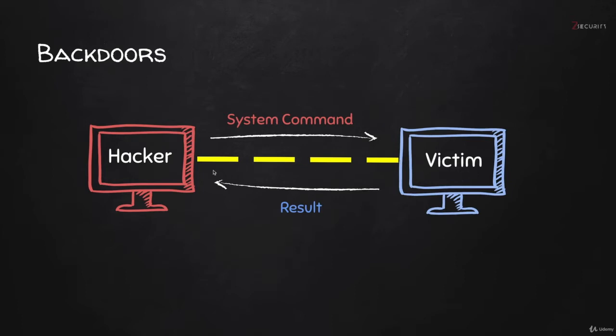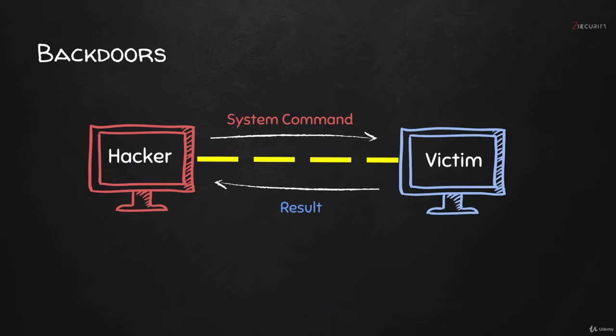So you can think of this as a pipe or a connection that allows data to flow between the hacker and the victim. And then the hacker is going to send system commands. The system commands are going to get executed on the victim machine, and the result is going to be sent back to the hacker. All of this is possible using this yellow line, which you can think of as a pipe passing data between the two computers.